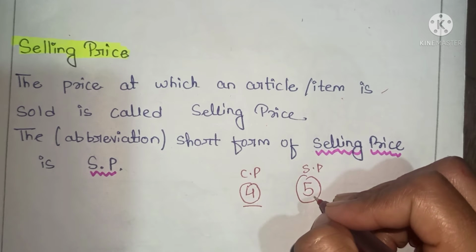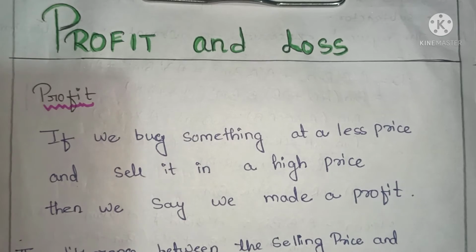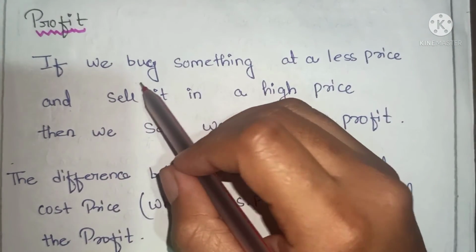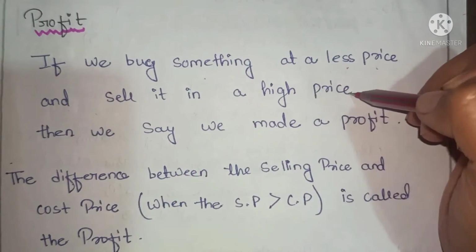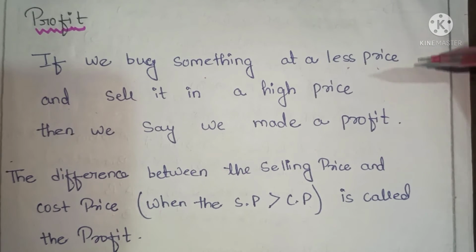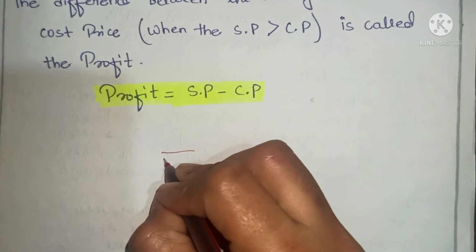Okay? Now let us learn what is profit. If we buy something at a less price and sell it at a high price, then we say we made a profit. Let us take the same example.